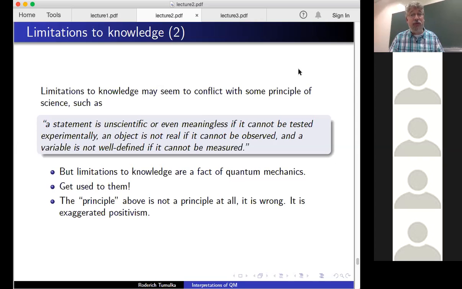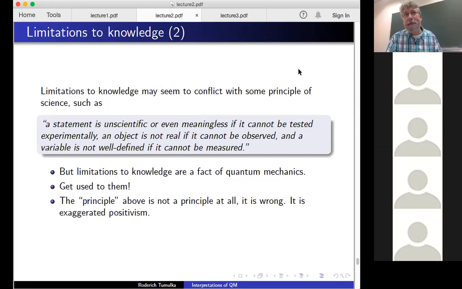So the principle that I formulated here is actually not a principle of science. It is wrong. One could say it is an exaggerated form of positivism. Positivism is the idea, something in that direction, that in science we should only talk about, only make testable claims.